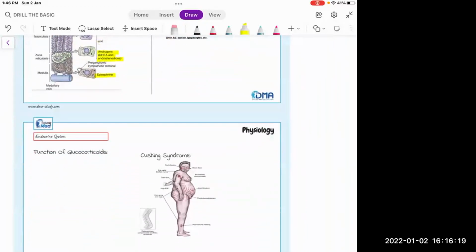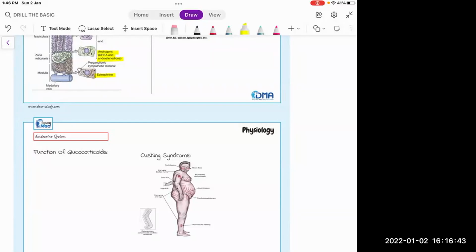Okay, the function of glucocorticoids, same as growth hormone, enhances the glucose level, increases new glucose synthesis from the proteins, lipolysis, and increases the muscle efficiency. It also has immunosuppressive and anti-inflammatory functions.